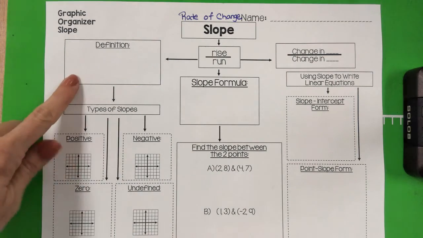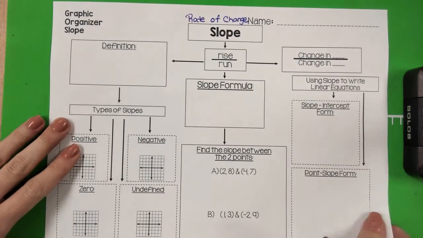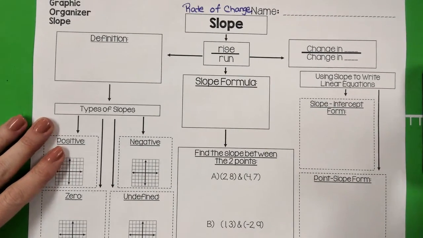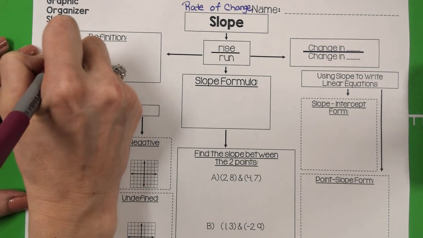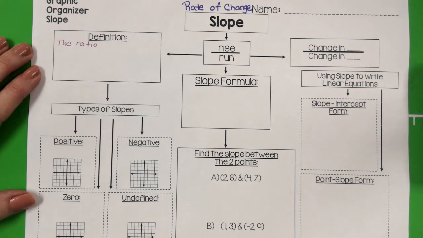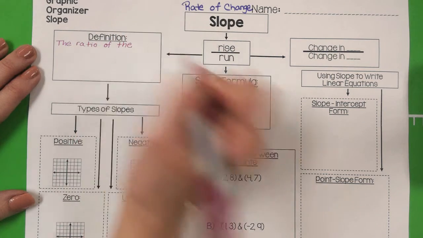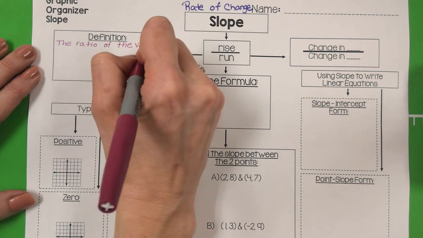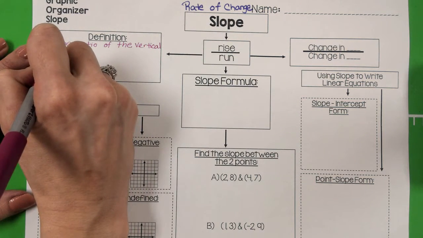over here, we're going to say that the technical mathematical definition is the ratio, and that means we're going to write it as a fraction because that's what a ratio is, of the vertical change.